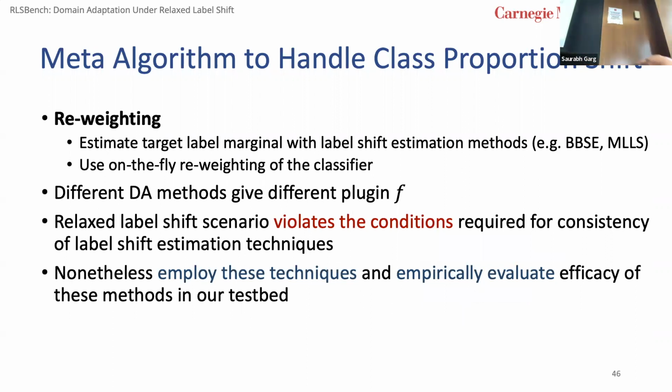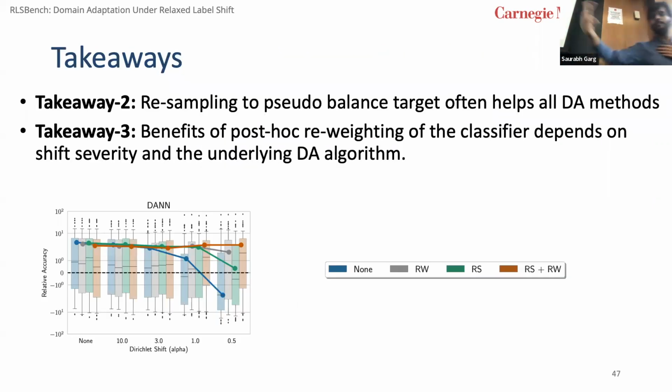And the high level goal is that relaxed label shift problems do violate the conditions that are required for consistency of these label shift estimation methods. We want to see how these methods empirically perform and whether these techniques actually end up helping. What we see is that when we employ these techniques one by one and together, we can empirically avoid a lot of faltering.